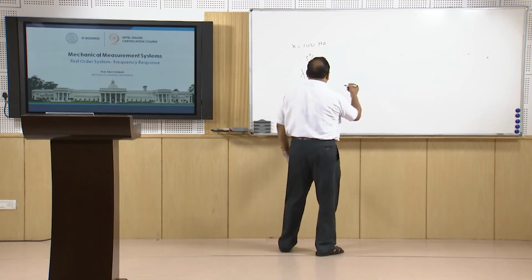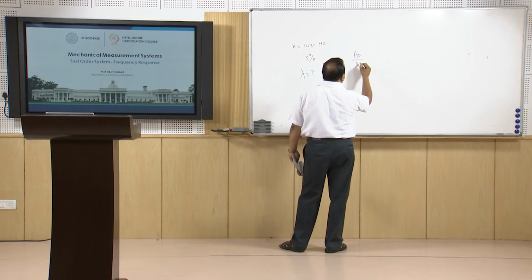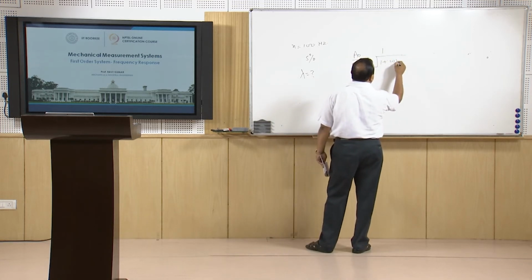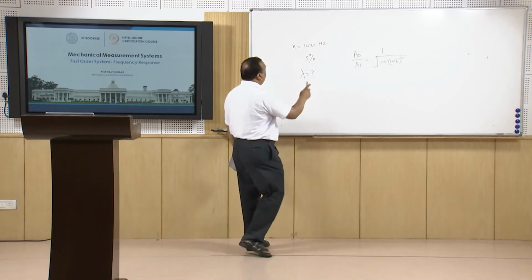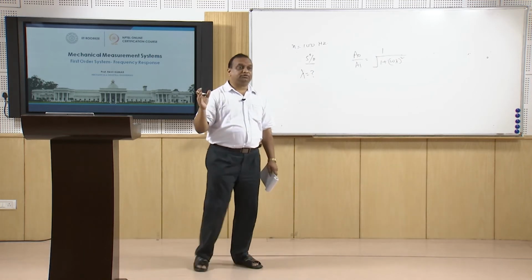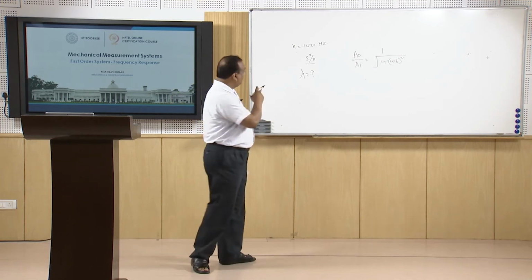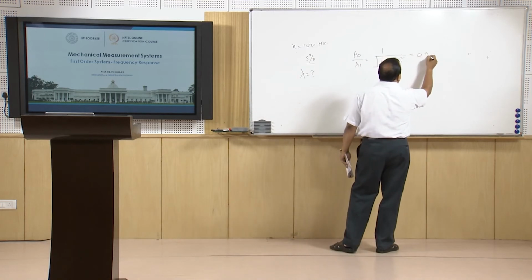So AO by AI, as we know, is equal to 1 by under root of 1 plus (omega lambda) whole square. Now the allowable inaccuracy is 5%, and because a first order system will not overshoot, for input 1 we are not going to get 1.05. For input 1, with the allowable accuracy, it will be only 0.95.